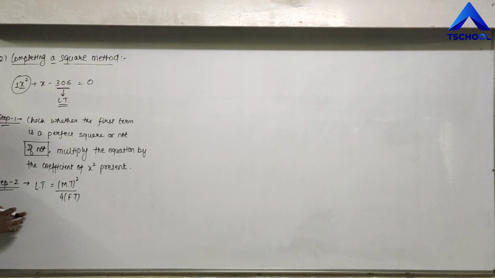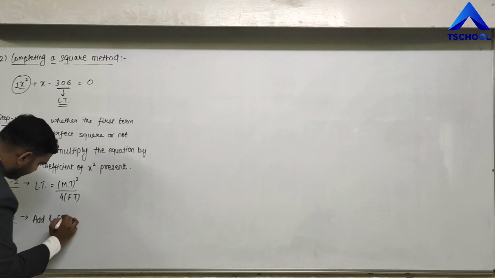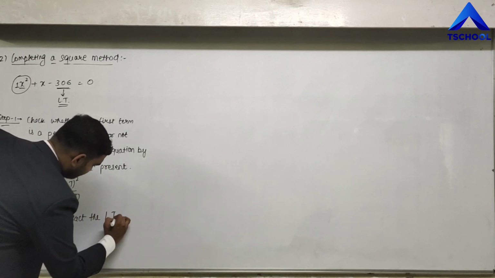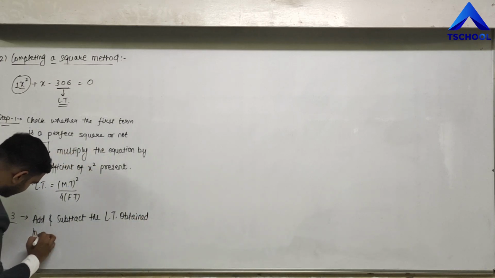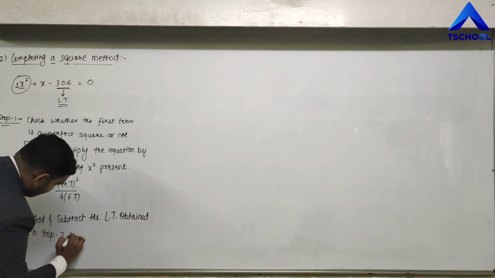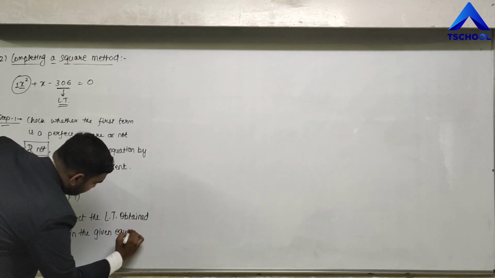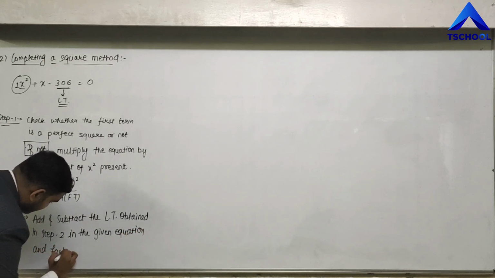Now, the last term equals middle term square upon 4 into first term, and the third step is to add and subtract the last term obtained in step 2 in the given equation, and factorize.